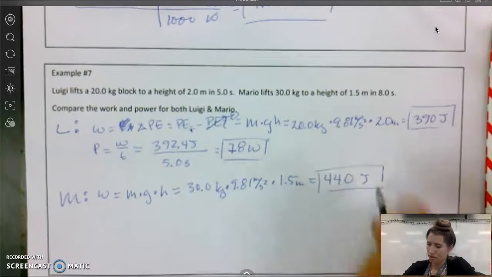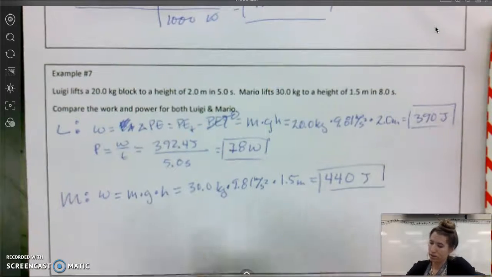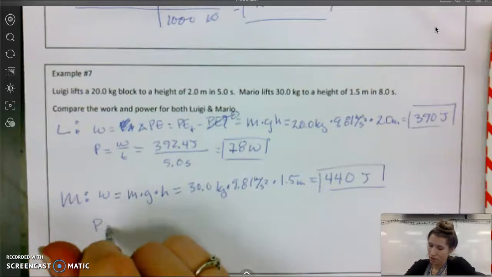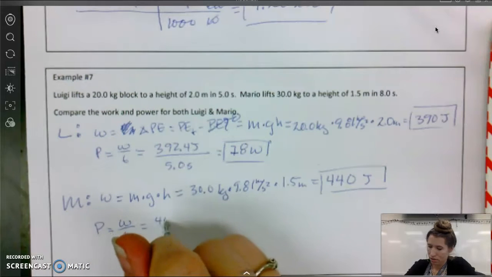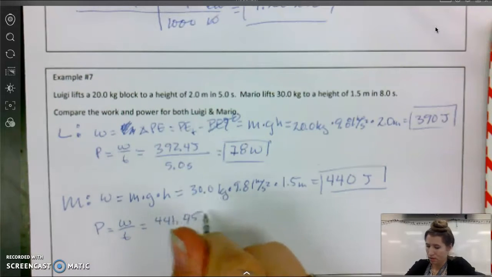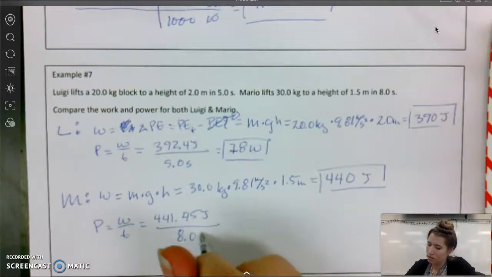So there's the work. So the work of Mario is greater than that of Luigi, and then power is work over time. So we'll take our 441.45 joules and divide it by 8 seconds.